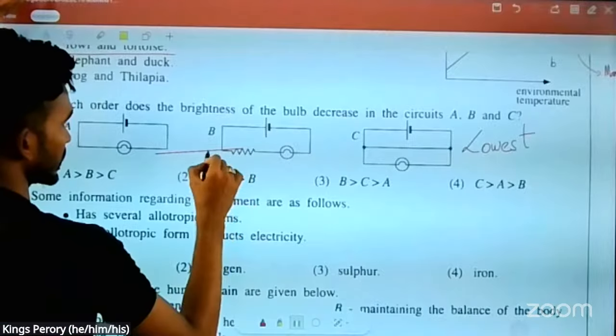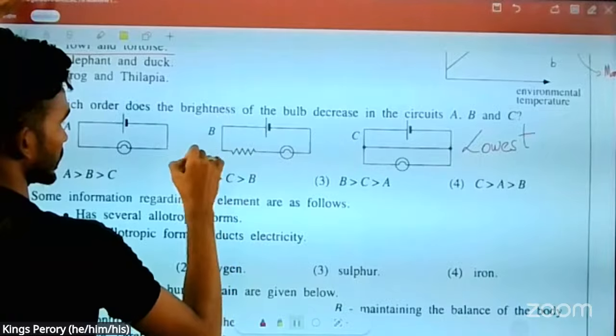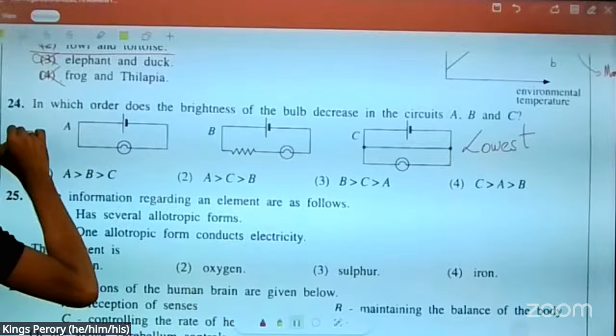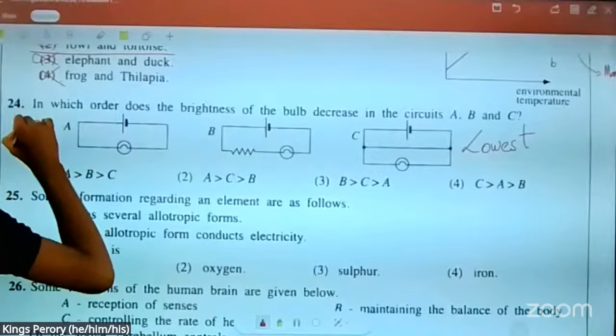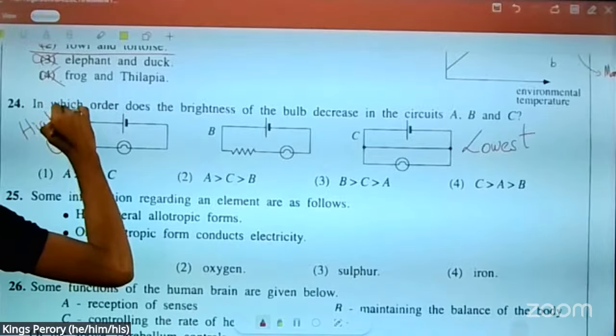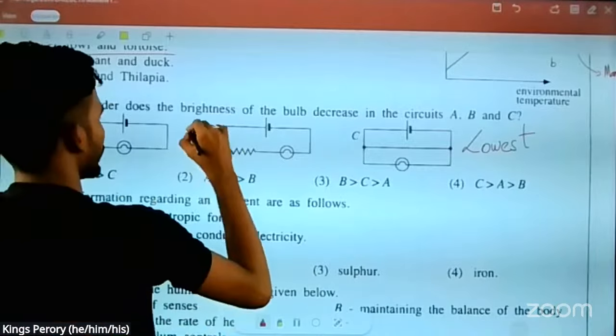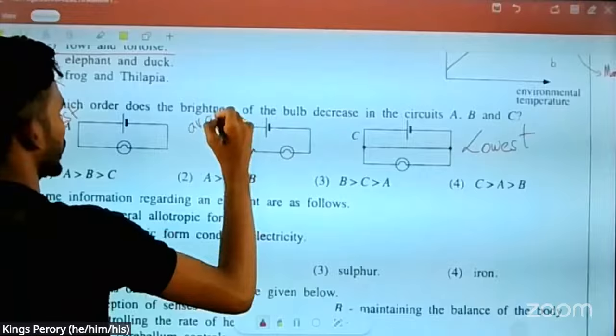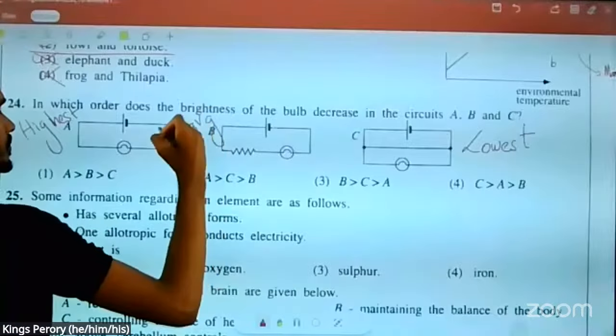There I don't have a resistor, which means there I will have the highest current flow. Here, somewhere average current flow. There, it will be the lowest.